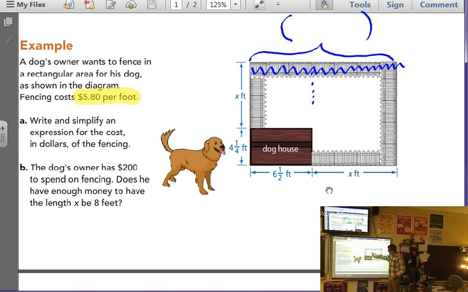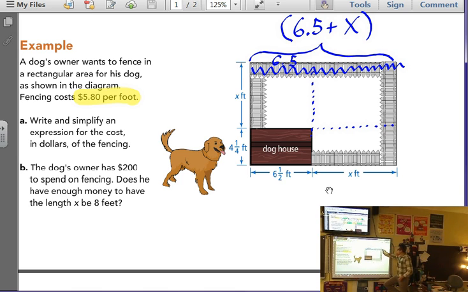So, draw a dotted line down right here, guys. And then draw a dotted line across right here. We know that this portion is 6.5. So I know 6.5 plus x. Even though I don't know it, I can use it.